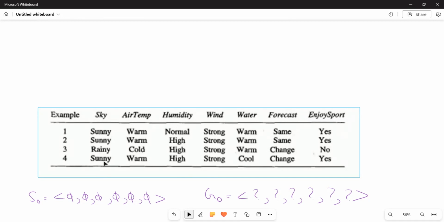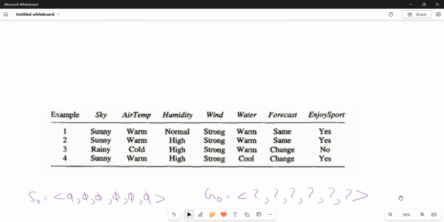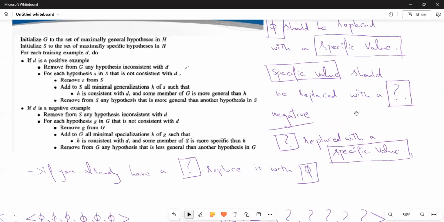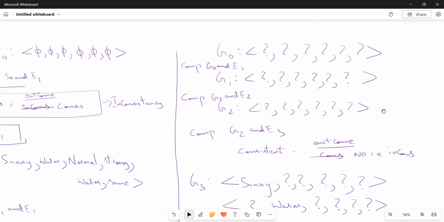Then the last one, Sunny, Yes, and question mark: the hypothesis is consistent and your outcome is also consistent. So we are retaining Sunny.